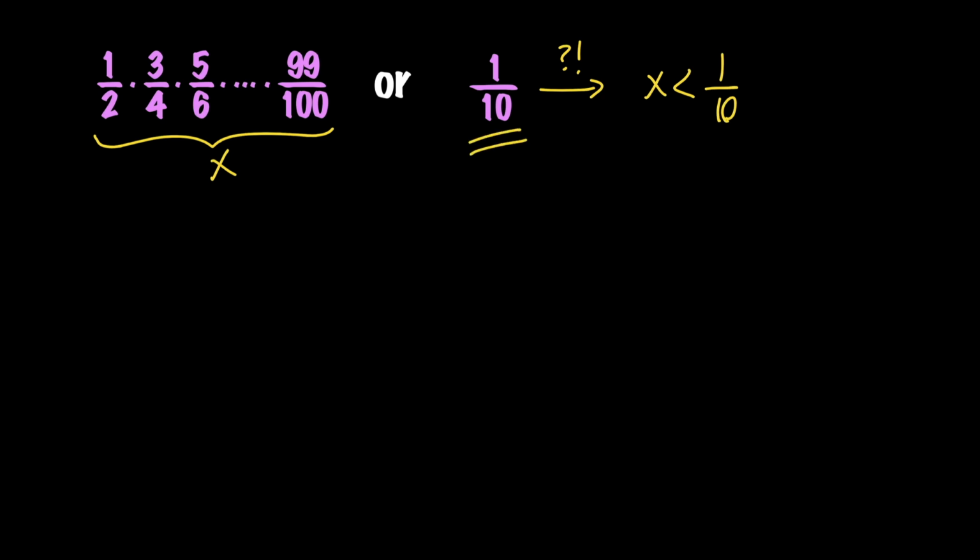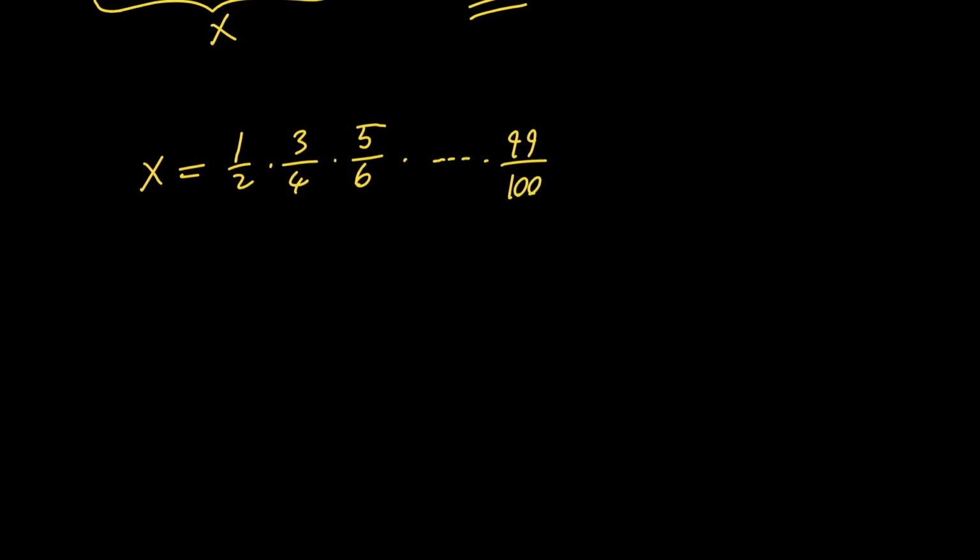So I can say that x is 1 over 2 times 3 over 4 times 5 over 6 times ... times 99 over 100. Next, I'm going to take each of these fractions and add 1 both to the top and the bottom.